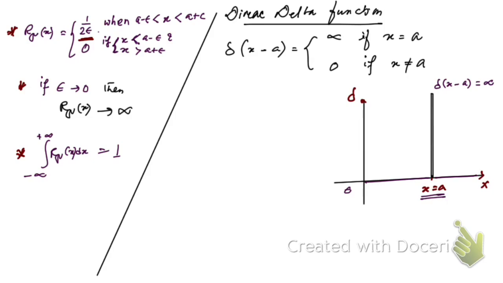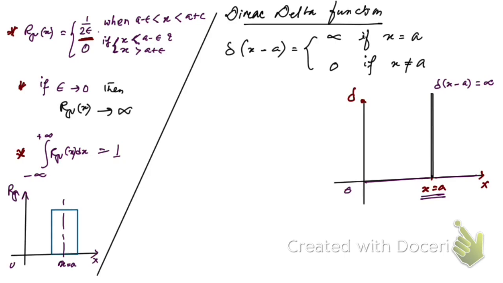Now if you consider the graph of the rectangular function, let me show you here. So this point is x is equal to a. This is the x-axis, here the rectangular function.